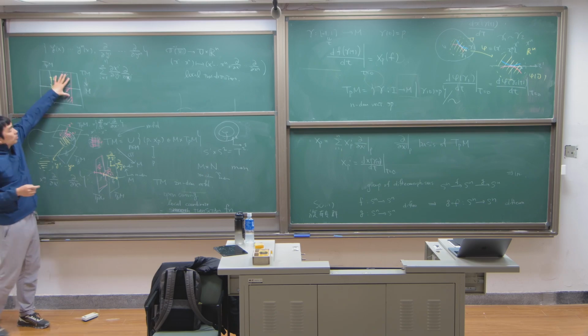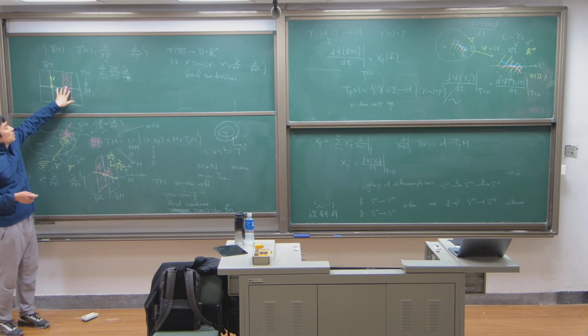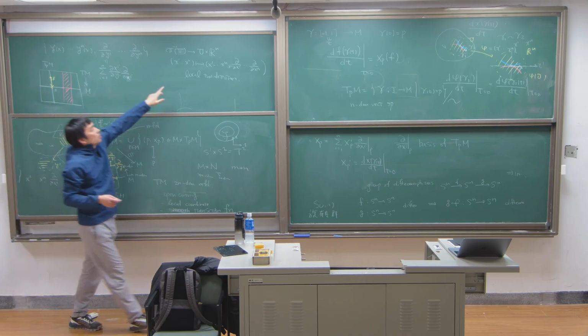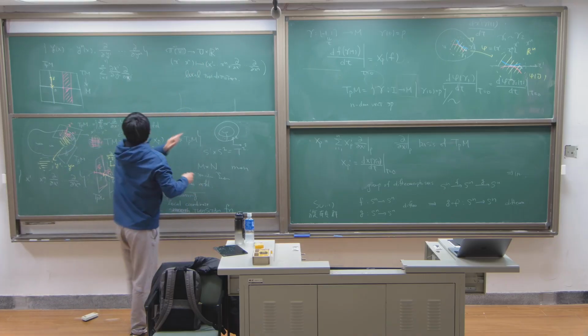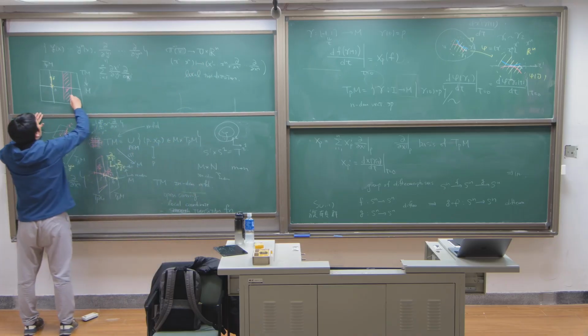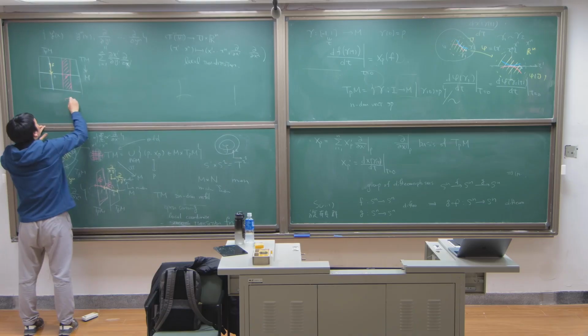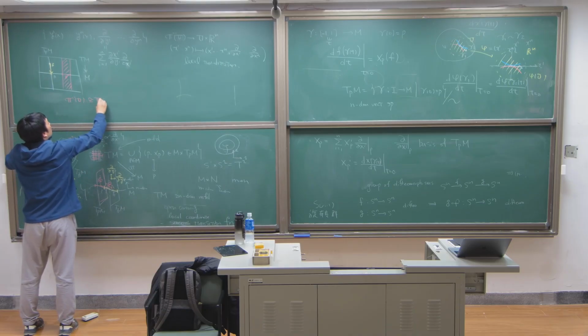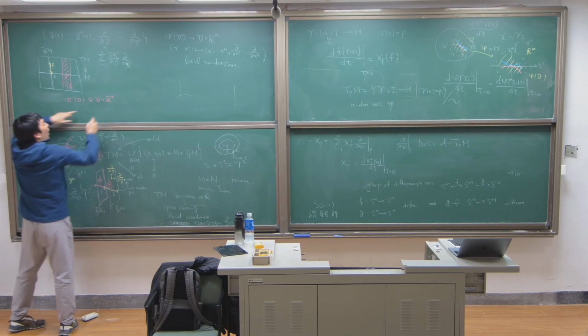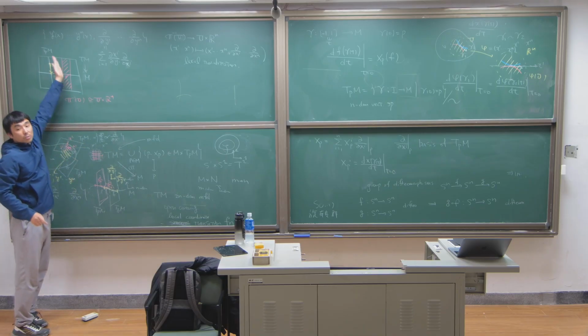Pi inverse U is just all the fibers, or the tangent spaces along U. So in that case, you can just have a product. So this is the object. This pi inverse of U can be identified with U times Rn, where Rn is this tangent space direction.